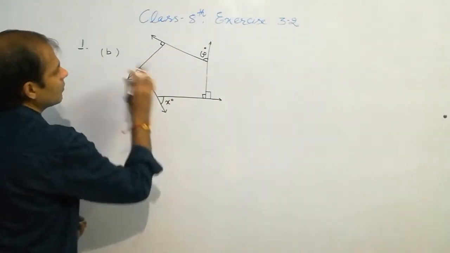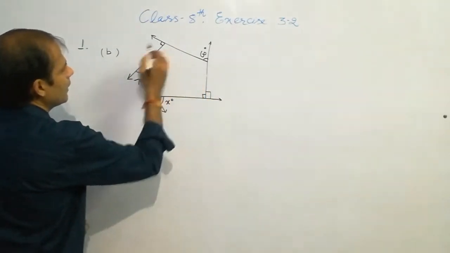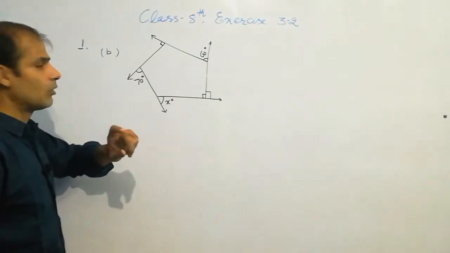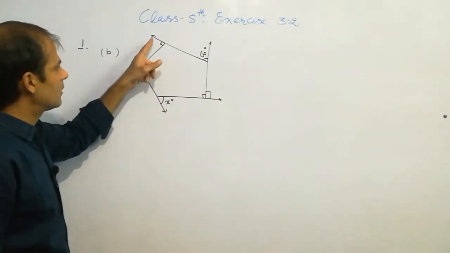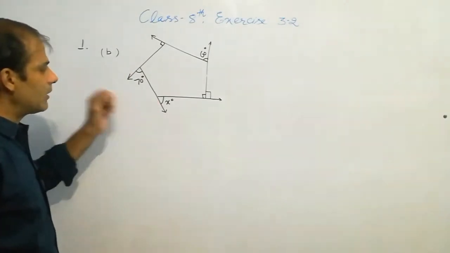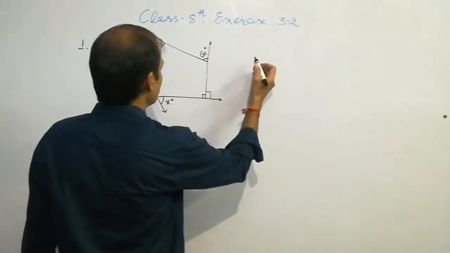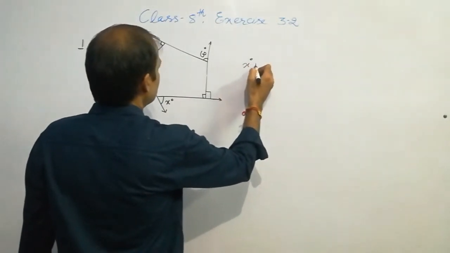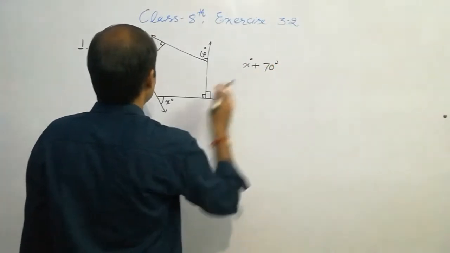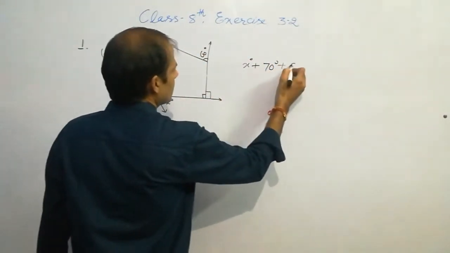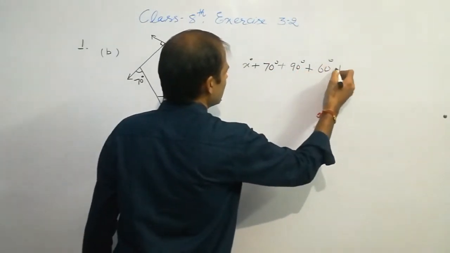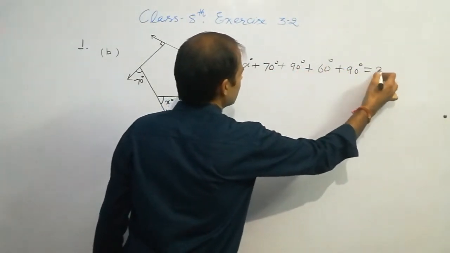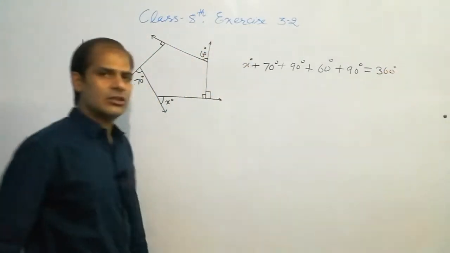This is also 90 degree, so we know the values of the remaining angles: 90, 60, 90, 70, and easily we can find x. So use the formula x degree plus 70 degree plus 90 degree plus 60 and plus 90 again, that is equal to 360 degree.